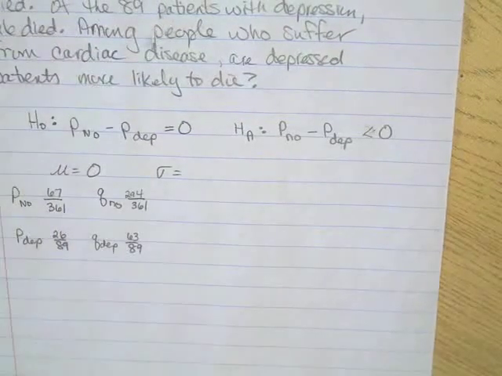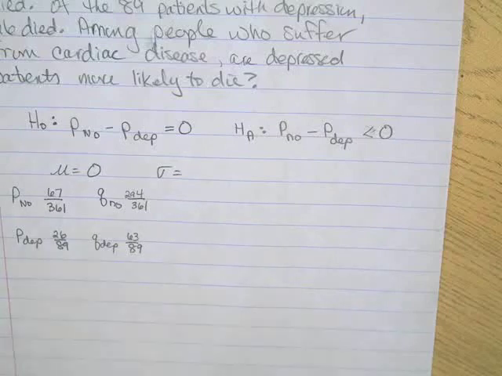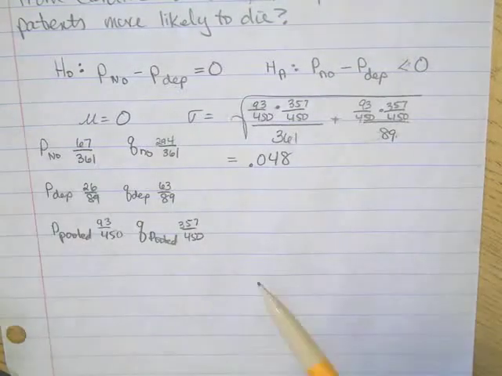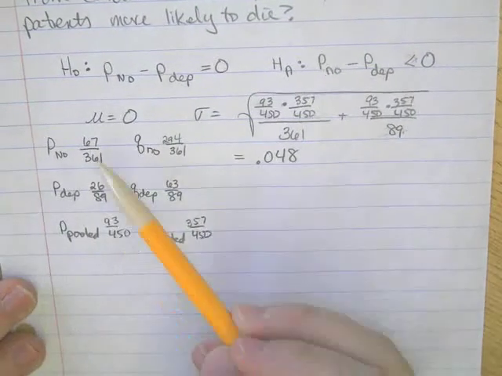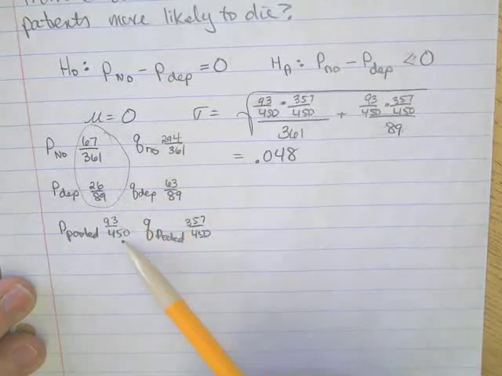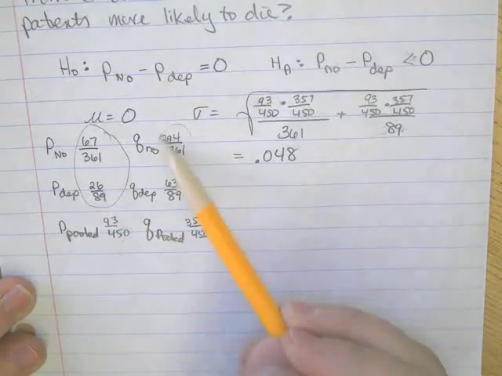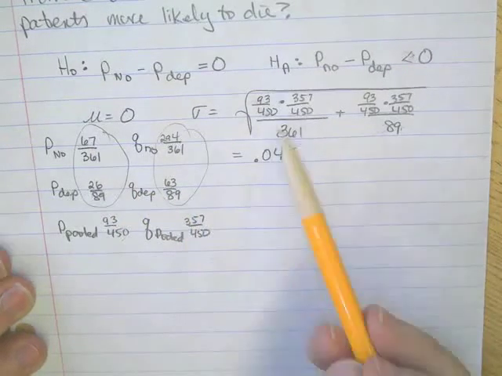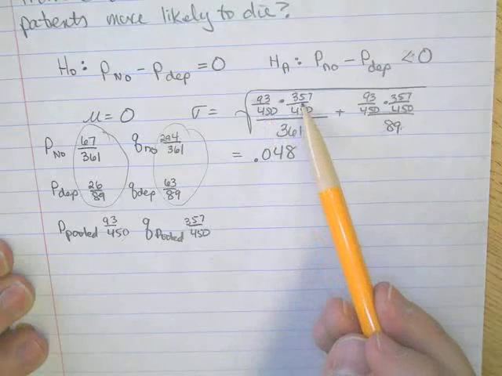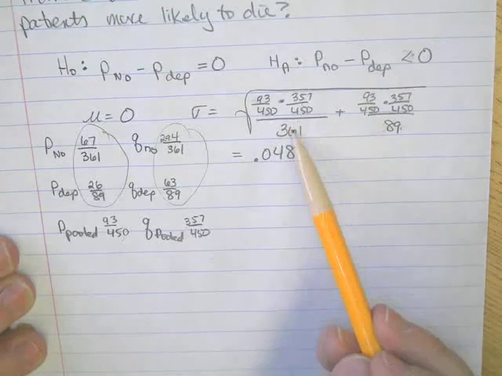When I look in the textbooks, they write it in as the fractions to make sure. Okay, so go ahead and try and plug it in. I'm going to plug it in, and then it'll be up there in just a second. One thing that I didn't talk about real quick is that you have to pool them, so you have to add these up and put it here, and then you add these up and put them here. And so it's the pooled P's times the pooled Q's over 361, plus the pooled P's times the pooled Q's over 89.